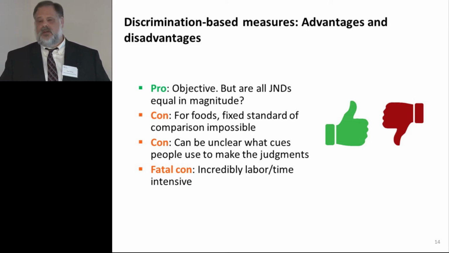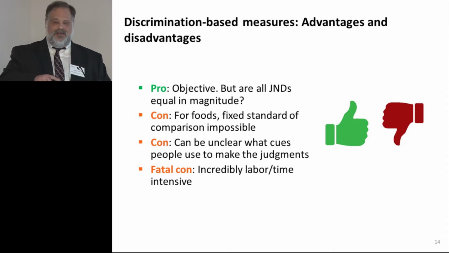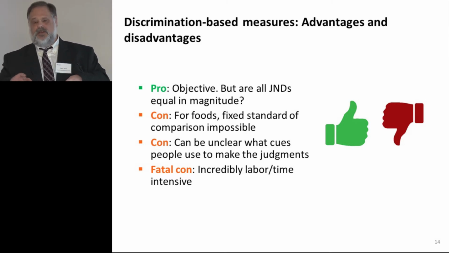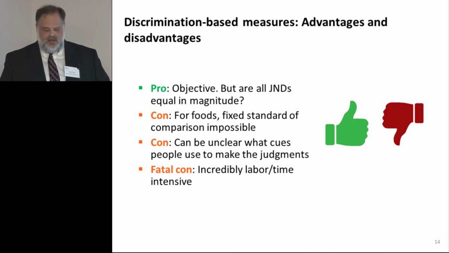But especially here. Sweetness is not the only thing that changes with sugar concentration. Appearance can change, and consistency of the food can change. Those are perfectly valid cues, and that plays into whether all JNDs are the same. That could have a different impact on the judgments at different levels of the concentration range.